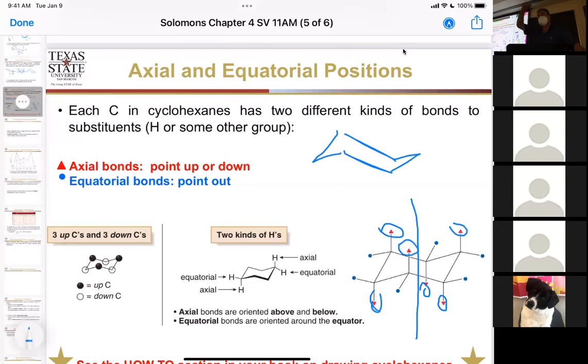Because they're in line, they're parallel to that axis there. Now, if that was also a planet, what would be around the outside? The equator, right? So the equatorial ones are the ones pointing out away from the center of the ring, away from that axis. So we have axial hydrogens and we have equatorial hydrogens. And they're not exactly the same.